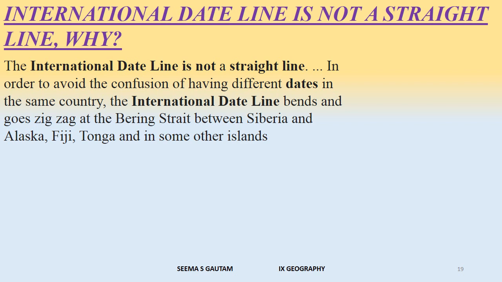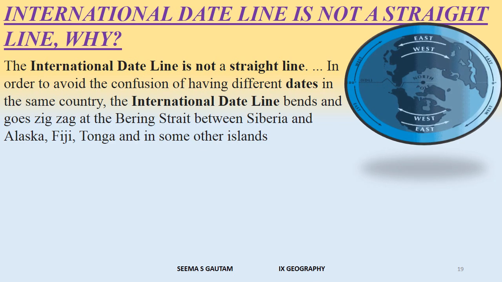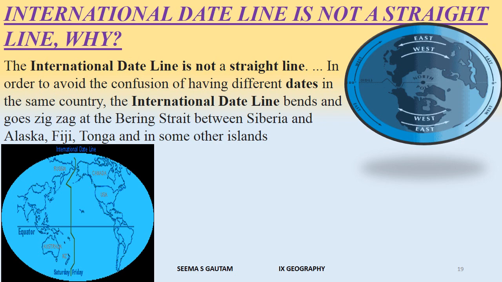So another question which comes to mind: the international dateline is not straight. Why is it not straight? The international dateline roughly follows 180-degree longitude, but like time zones, there are some adjustments made. Few countries and island groups are located very close to 180-degree longitude.